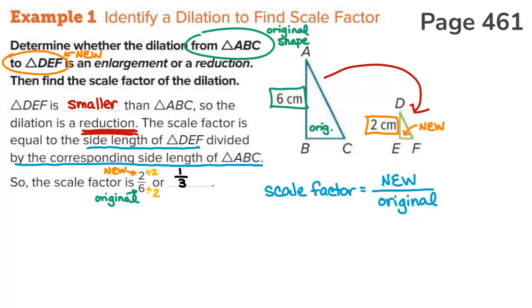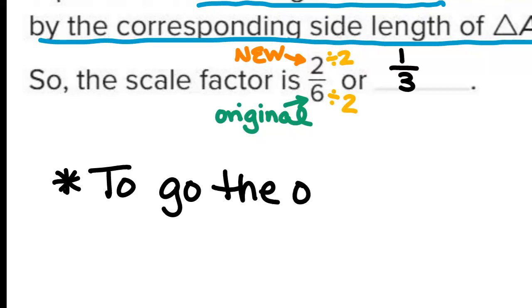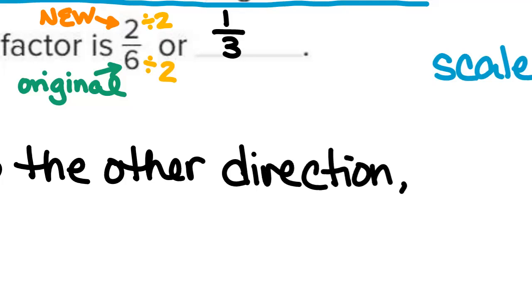One thing yet that I want you guys to write down at the very bottom of the page, you have a little bit of margin down there. To go the other direction, and by other direction, I mean, what if triangle DEF was my original shape?